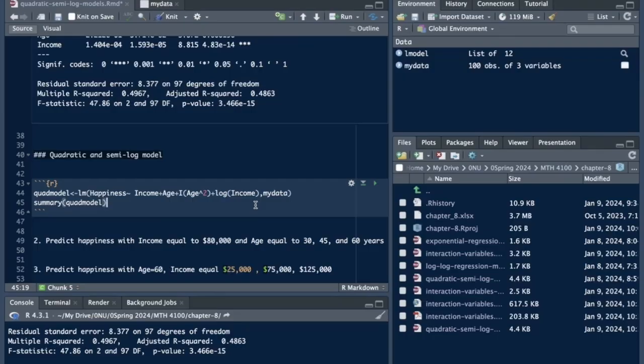And maybe the question arises here, why do we do this? We do this for many reasons. As we said before, maybe we would like to capture the non-linear relationship between the income and the happiness. In some cases, the effect of income on happiness might not be constant across all income levels. When you take the logarithm, this can help address this issue.